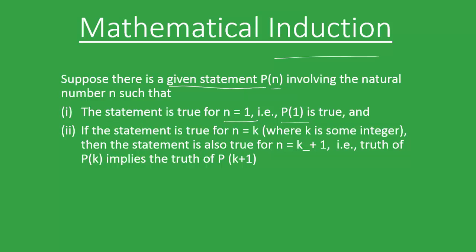Then we take the assumption that the statement Pn is true for arbitrary k belonging to the natural numbers, and use this to prove that Pk plus 1 is true, and hence we get that Pn is true for all natural numbers.